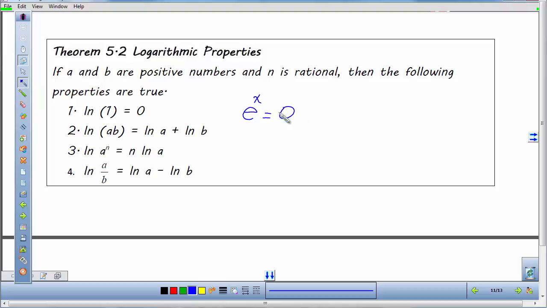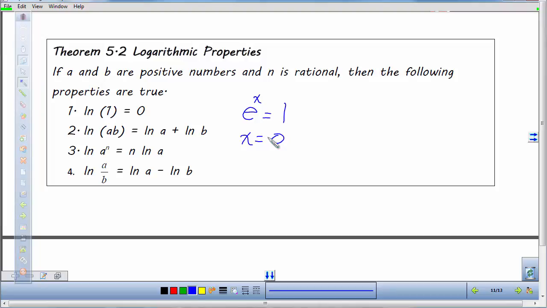The answer to a log is an exponent, right? And x would be 0. So that's why we say the natural log of 1 is 0. e to the 0 is 1. So that's a property.